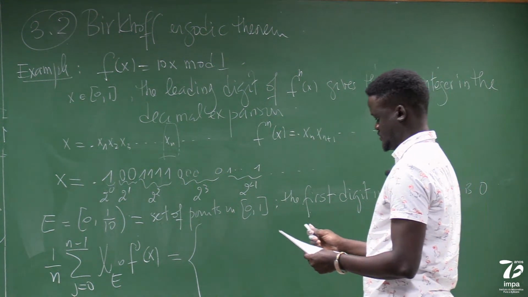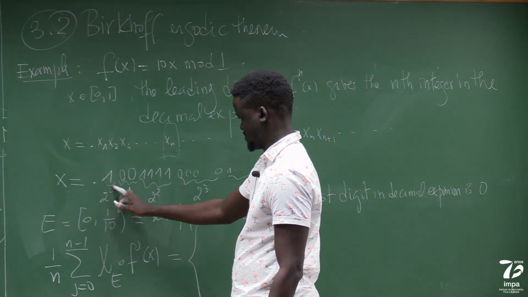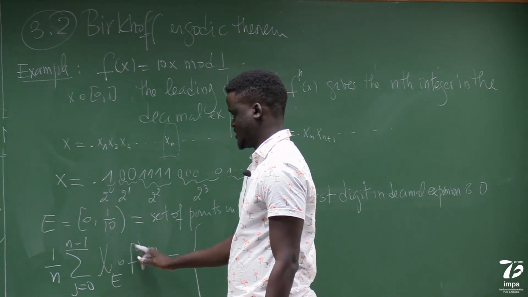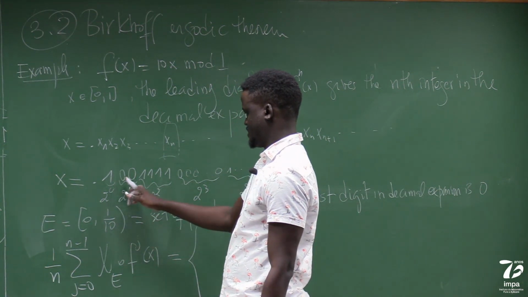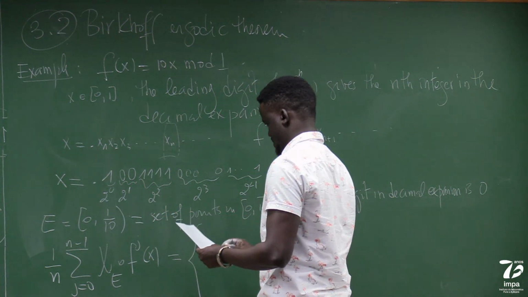The first one is not inside E for j equals 0, so this is 0, and the second one is inside, and it stays.